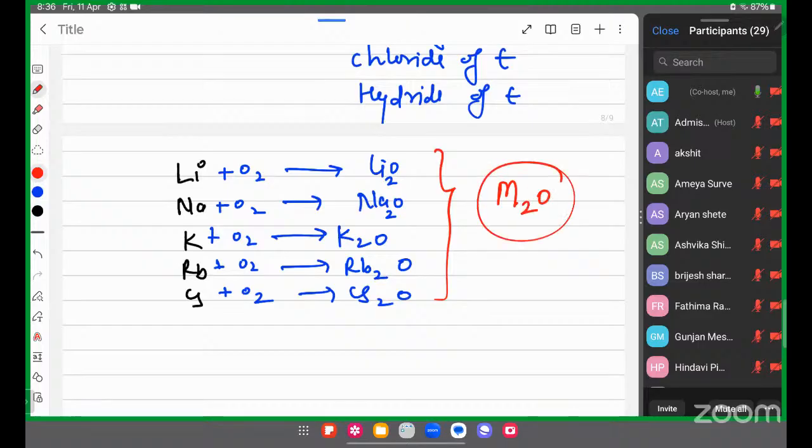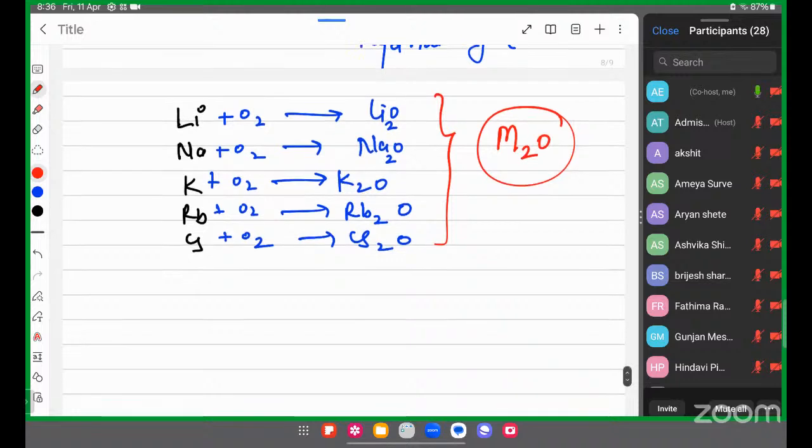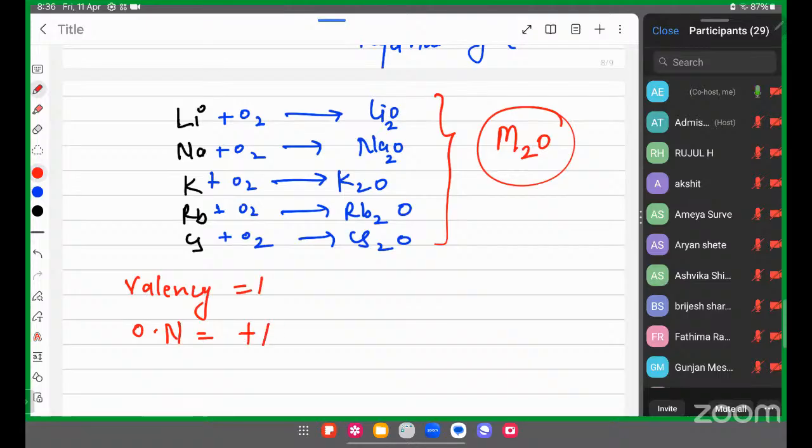So all these elements have similar chemical behavior or similar chemical properties, which can be investigated by valency and oxidation number. If we look at the valency of all these elements, they all have the same valency, that is 1. They all have the same oxidation number, that is +1. They all are metals.